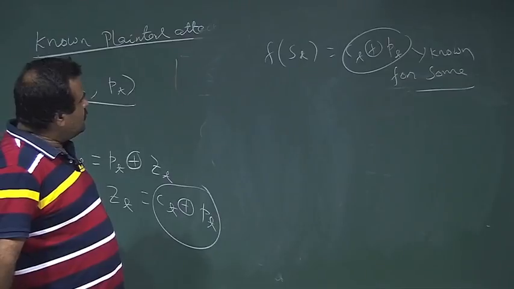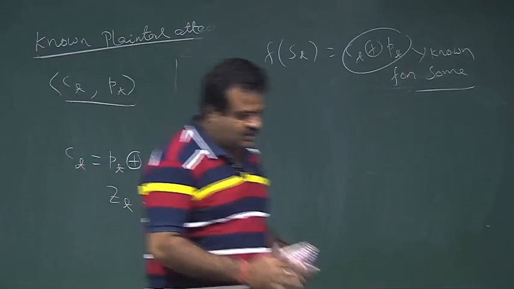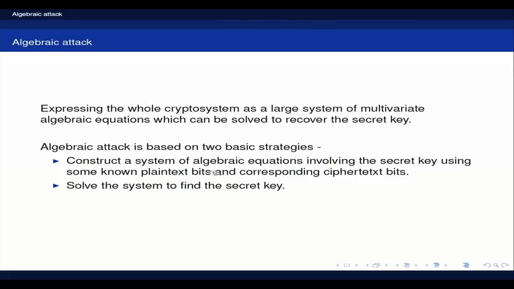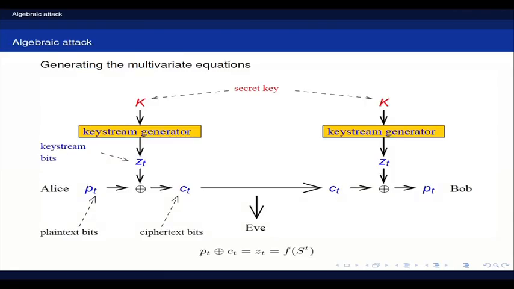Then we try to solve this system of equations. So this is constructing the system of algebraic equations involving the secret key, because S0, which is this state, is initialized by the secret key. Okay, so this is the attack model of algebraic attack.